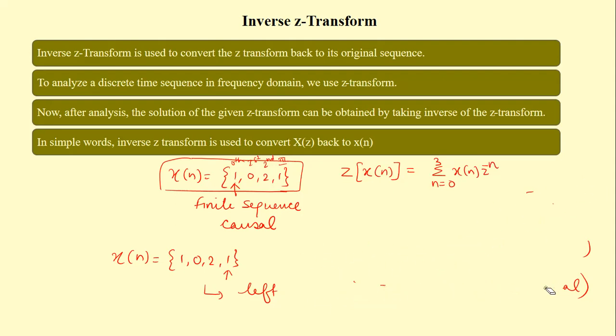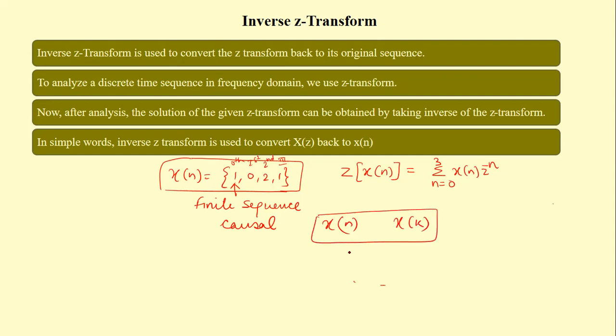Now there are certain notations of Z transform in different books. In some books you'll find xn, in some books you'll find xk, right? So this is one and the same thing. n and k signify the same point, that is the number of samples.